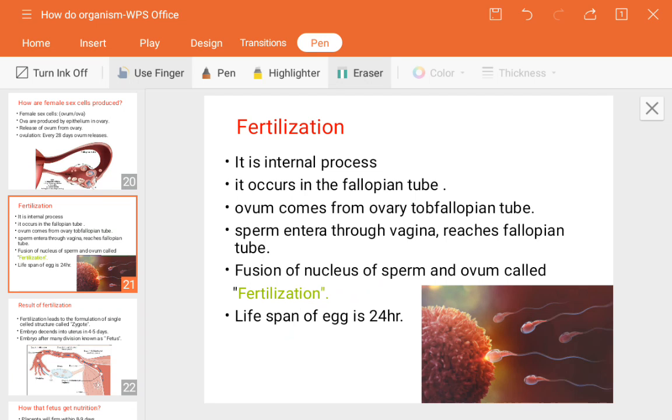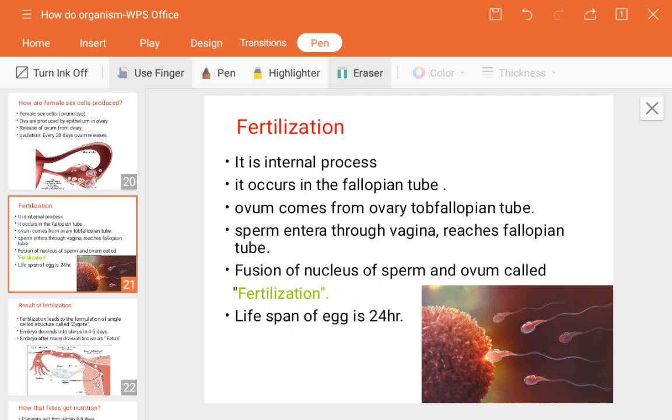Out of 200, only one sperm can fuse with the female egg cell, and only then does fertilization take place. Later it goes through different cell divisions and converts into a fetus. That fetus will become a baby. This is the whole process which takes place under fertilization.